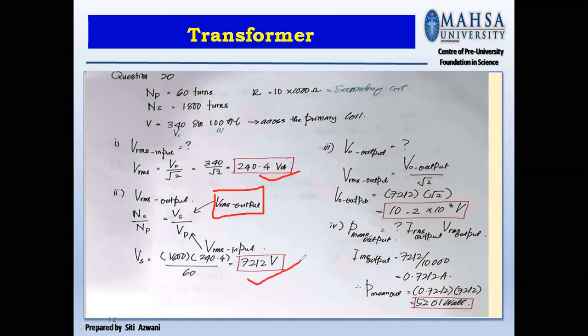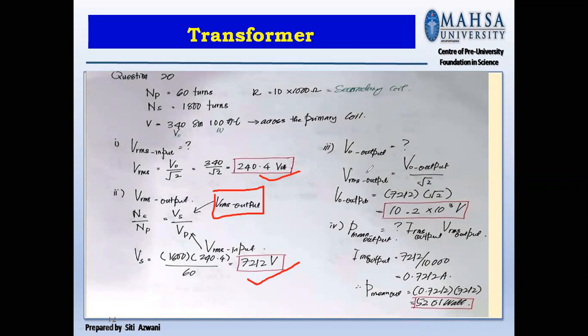712 volt. Question 3, you want to calculate the V naught, the maximum value of your voltage in the output or secondary coil.